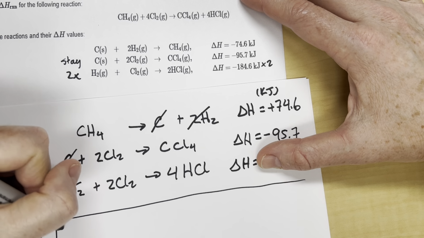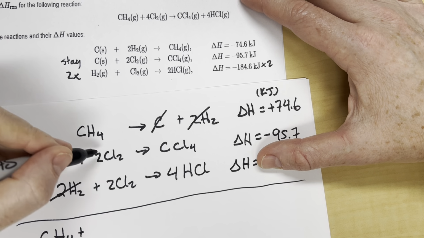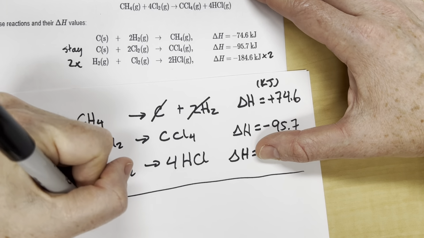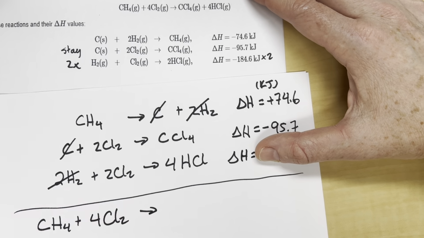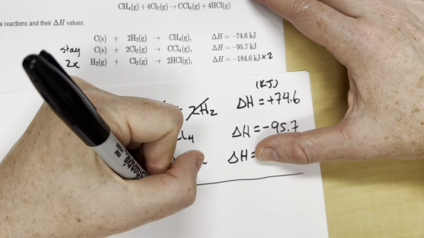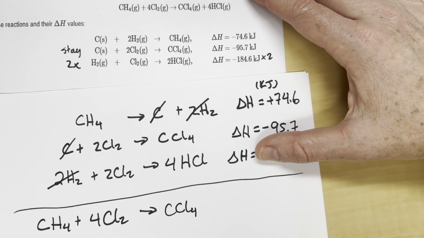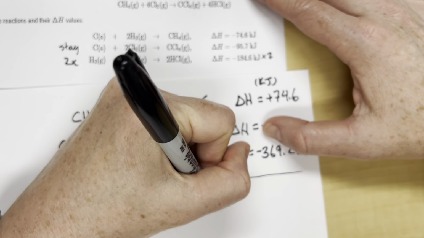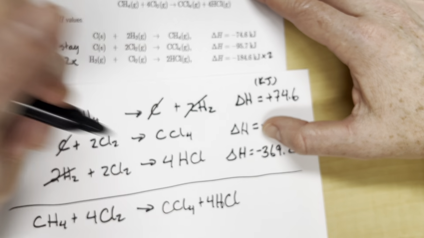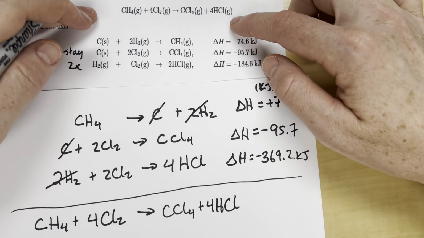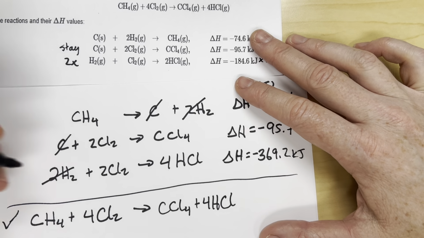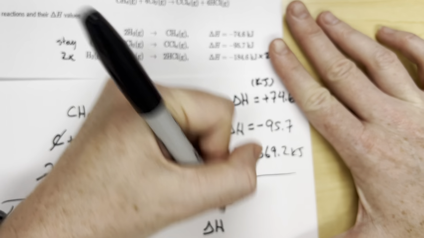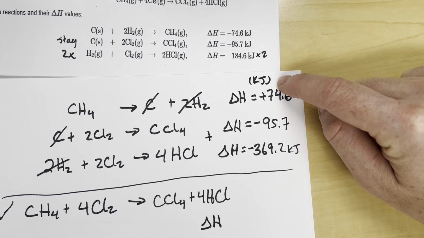We have a CH4, we have 4 Cl2s, then yielding 1 CCl4, and we have 4 HCl. Because that is, in fact, the original one that we're looking for, we know that we are good.